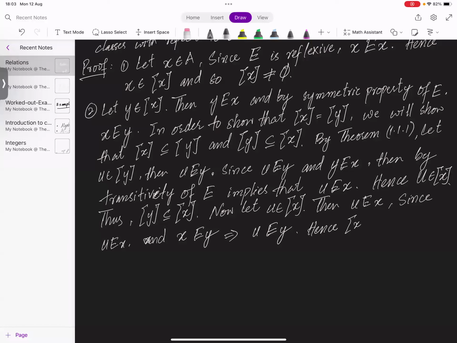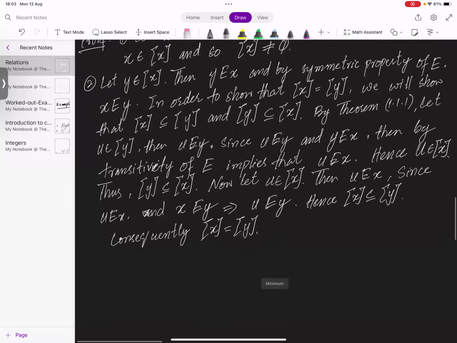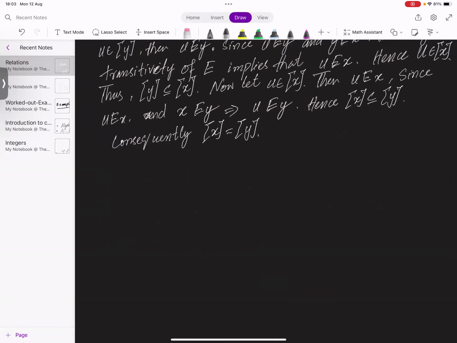Hence, this is also contained in the equivalence class of y. Consequently, they are equal. The equivalence class of x and the equivalence class of y are equal.